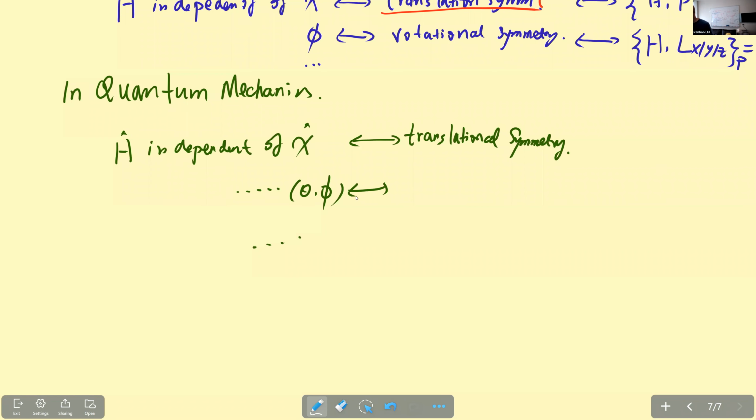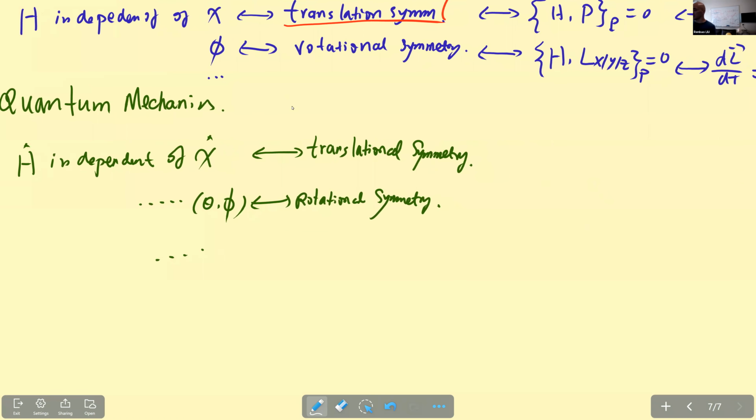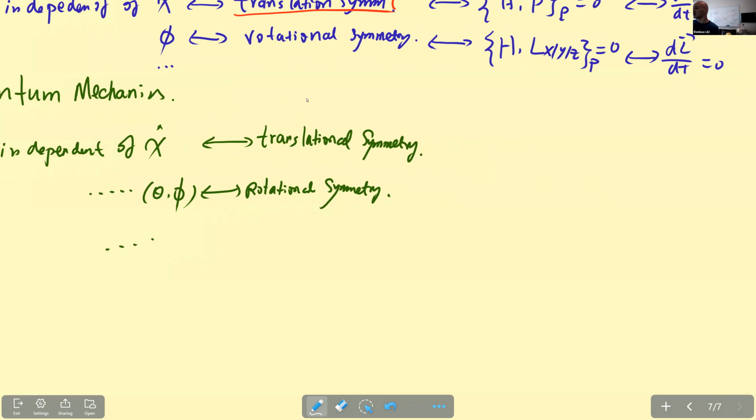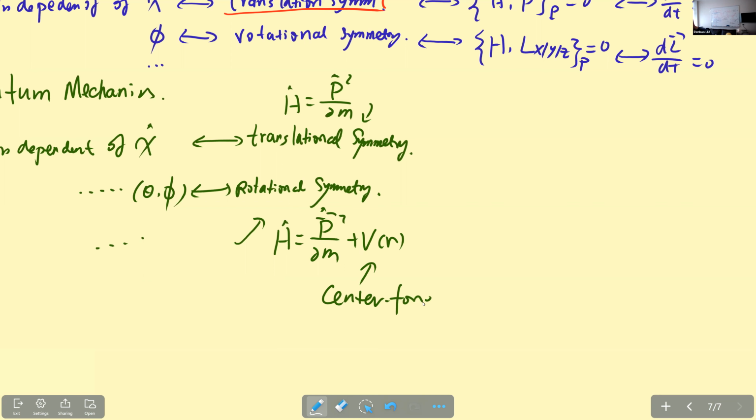And for this one, you say that we have the rotational symmetry. You can see the examples: for this case we have the kinetic energy, and this is the central force potential.